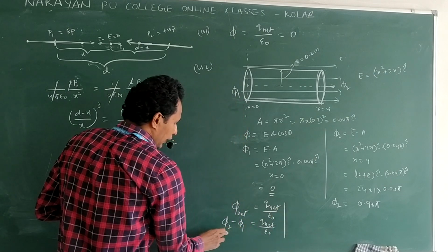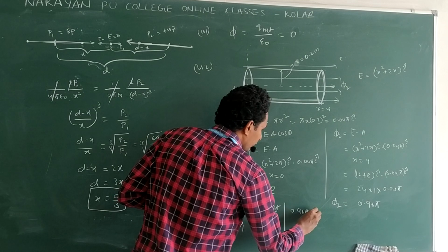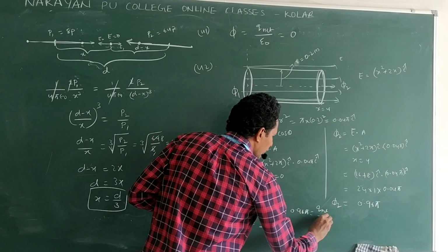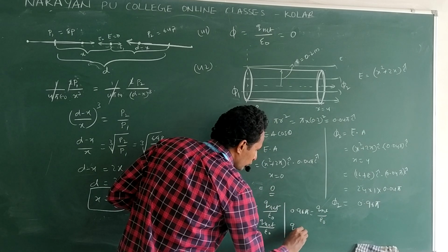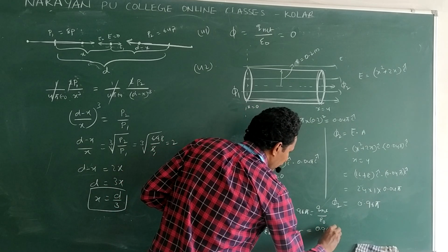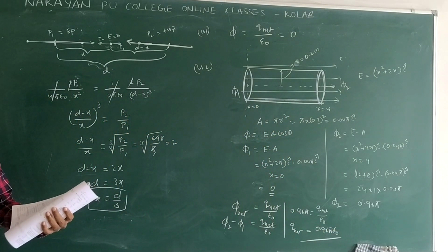Then phi 2 minus phi 1, 0.96 pi minus 0 is equal to Q net by epsilon naught. Q net is equal to 0.96 pi epsilon naught. The option is 4.